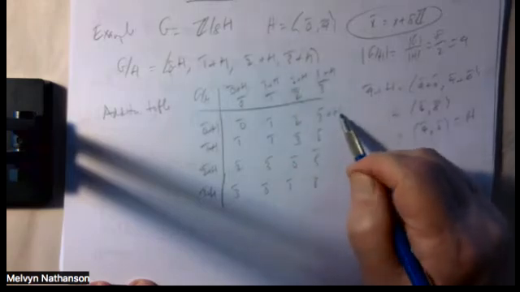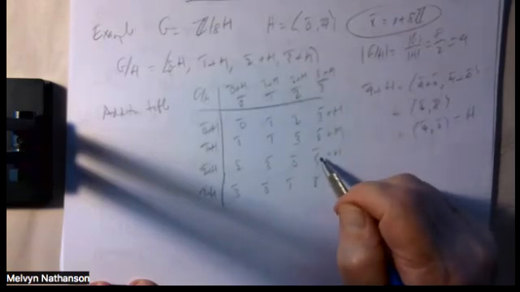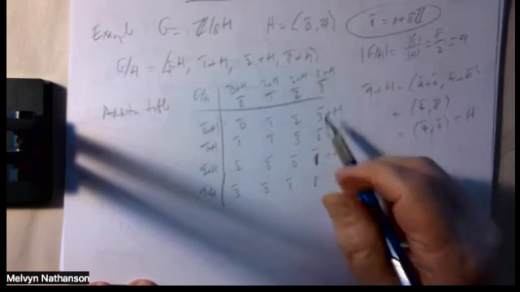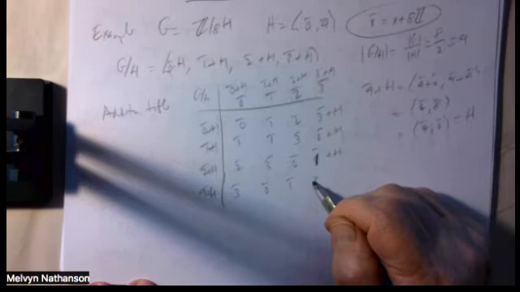And these are all plus H. 2 plus 3 is 5, which is 1. 3 plus 3 is 6, which is 2.